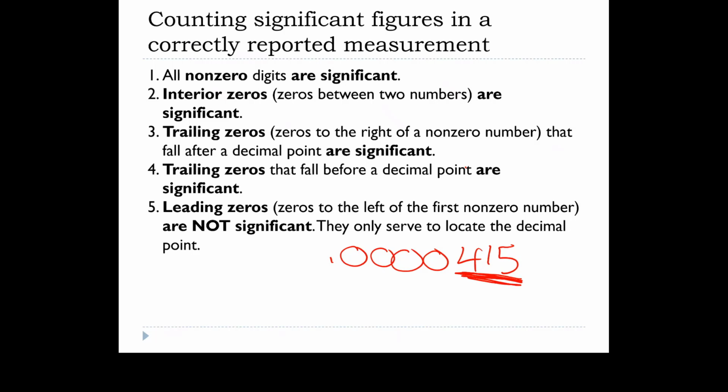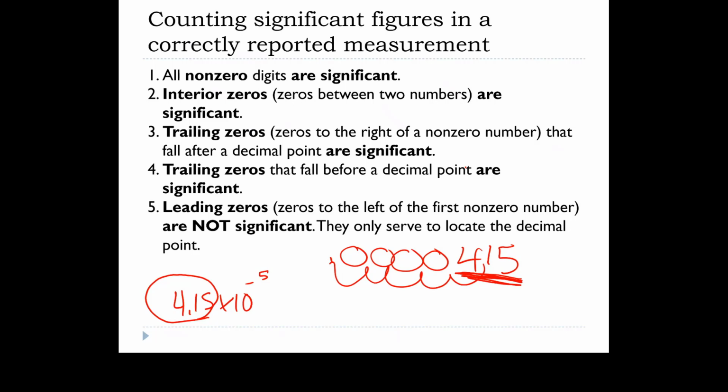One of the easiest ways to deal with leading zeros is to put your number in scientific notation. When you do that, you eliminate all leading zeros, and we don't have to worry about them anymore. So if I were to rewrite this number as 4.15 times 10 to the minus 5, I can clearly and easily see that there are only 3 sig figs in this number, right?